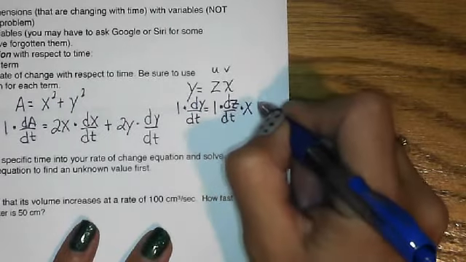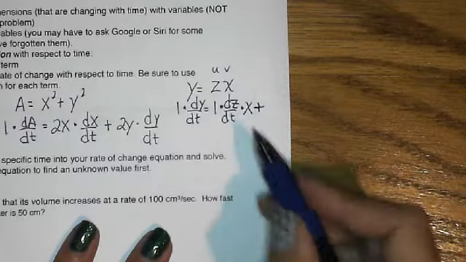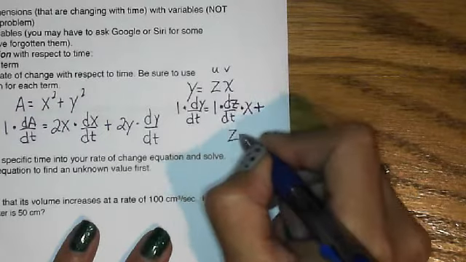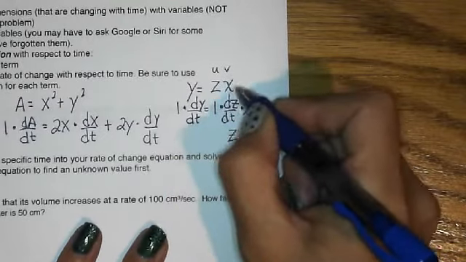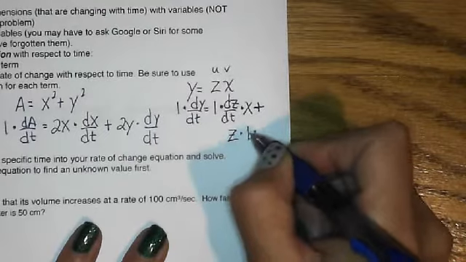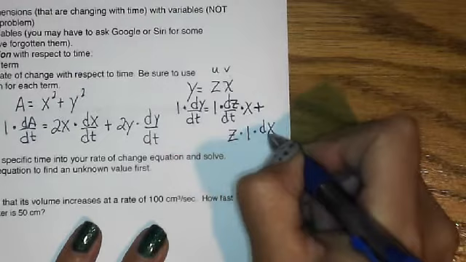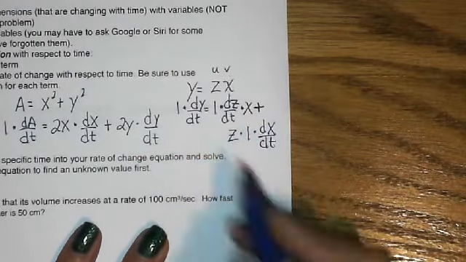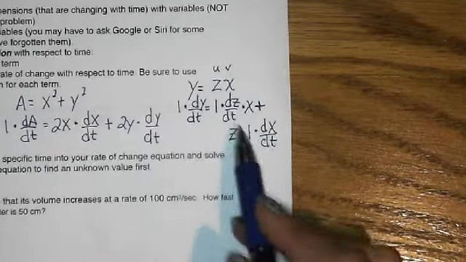I didn't do the derivative of x, I just took it, so moving on. Plus, now the second part of the product rule says keep the u, so that's a z, times by the derivative of the second term. The derivative of x is 1. And then I got to do that rate of change with respect to time, which is dx dt. And it looks ugly, but they're okay.